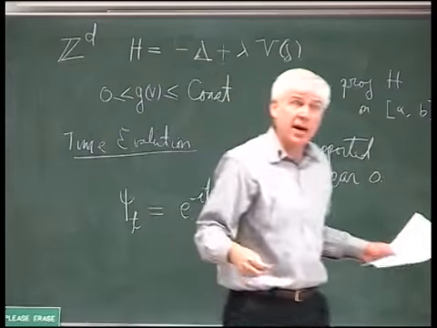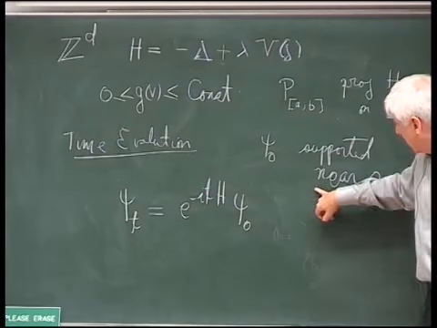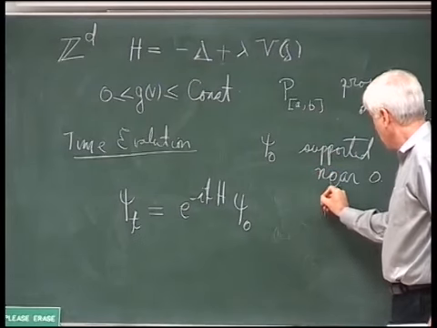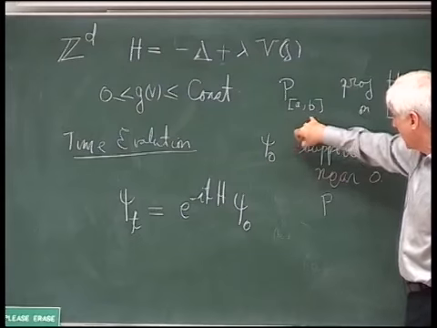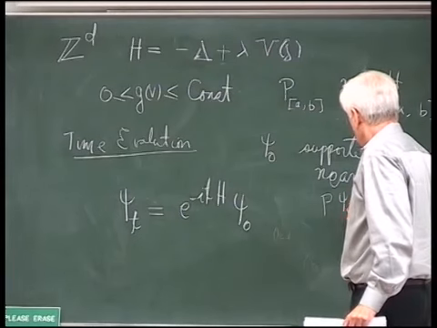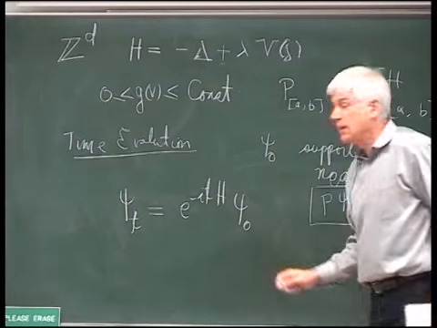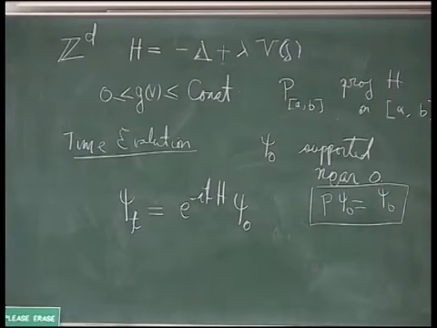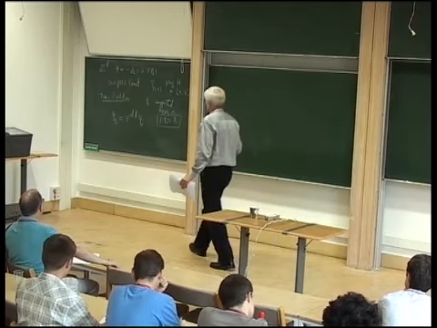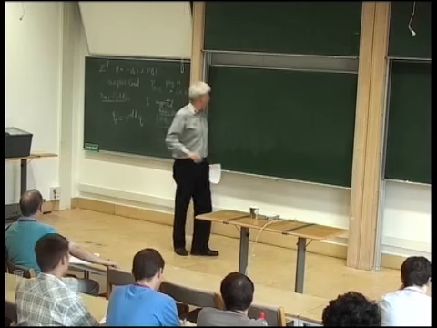So we can think of it as compactly supported, but sometimes I might want to assume a little bit more about it. It doesn't have to be exactly compactly supported, but sometimes I may want to assume that, for a particular interval AB, it lies in that spectral projection. So occasionally I'll want to assume that P of AB psi 0 is equal to psi 0. That means that psi 0 is really made of eigenstates with energies that live in that interval. But for the most part, you can think of this as just being a delta function that lives at the origin.